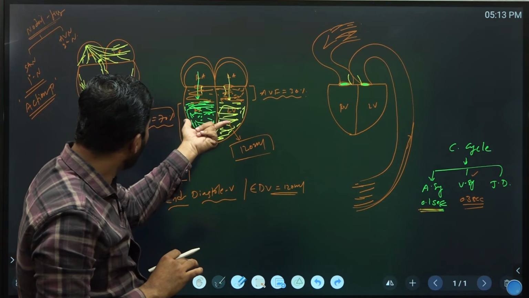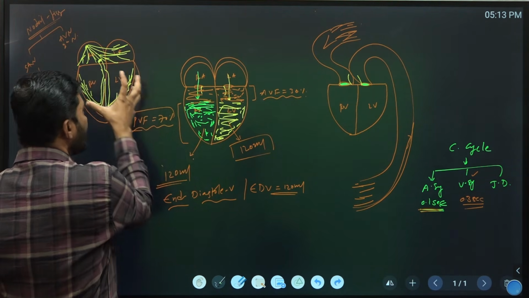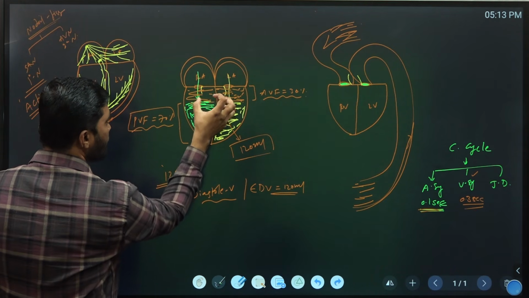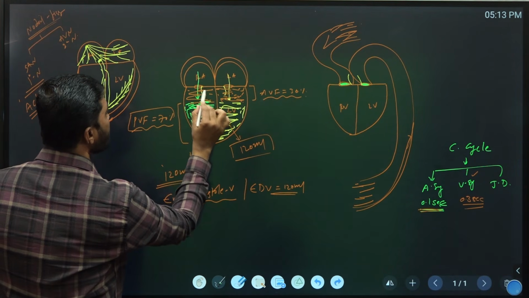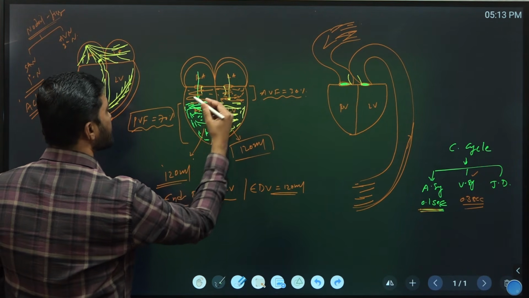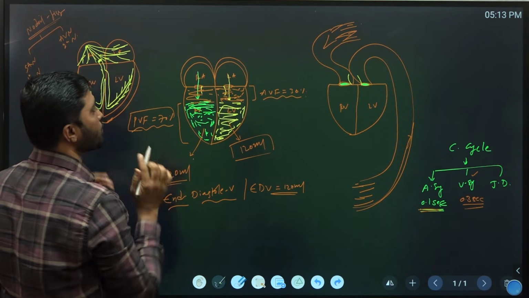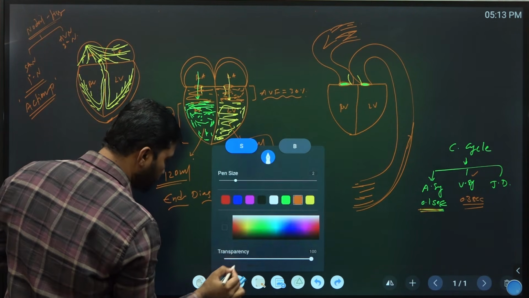So after spreading the action potential, first the muscle excites, contracts, right? During the beginning of the ventricle systole, what happened? Ventricular blood pressure increases, resulting in the tri and bicuspid valves closing. Here, this is the tri and bicuspid.